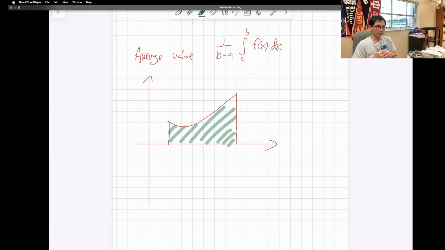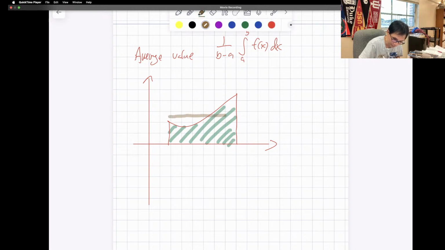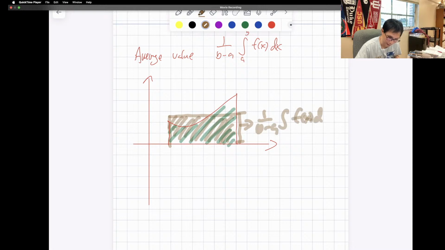Okay, so that just means if I make this graph into a rectangle, say this is some type of rectangle here, the height of this is 1 over b minus a, integration of f of x dx between a to b. Why?